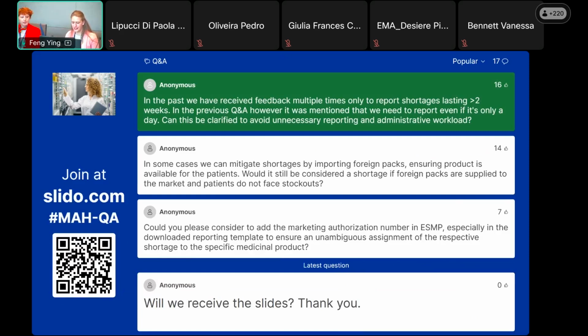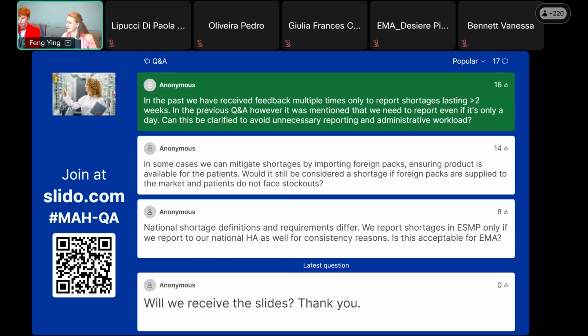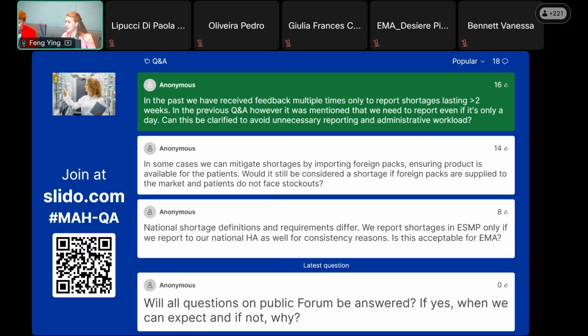And indeed, as you are aware, the new pharma legislation was proposed by the Commission and the Council has discussed this, not agreed, but discussed this. And we have the Council proposal for the new pharma legislation now, and they agreed that a temporary disruption in supply of a medicinal product in a given member state of an expected duration in excess of 2 weeks needs to be notified.